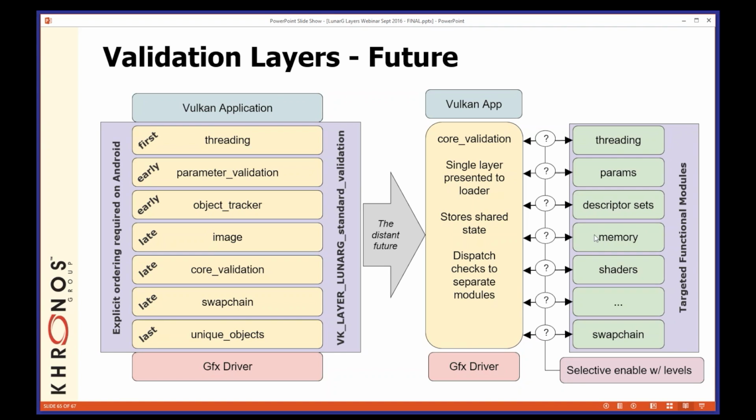For those time-consuming checks, and there's actually an issue open on the GitHub about this, you can turn the knob and turn off that one test, because you might be convinced that you don't need the check, so you want to turn off the time-consuming part of it. So there could be knobs here that you turn to have even better control over what the layers do than you do today with the separated layers. At least that's the goal.